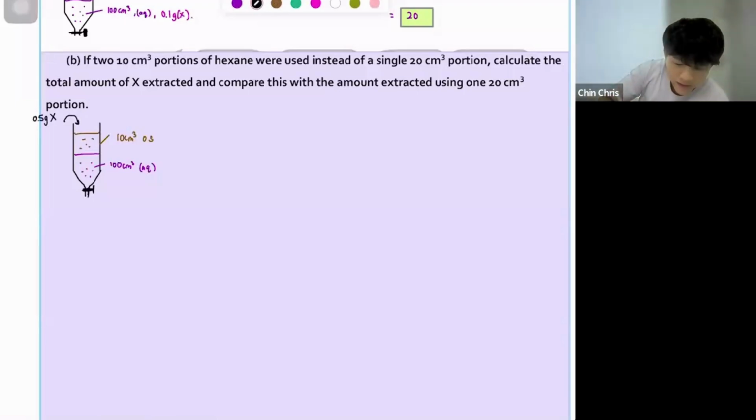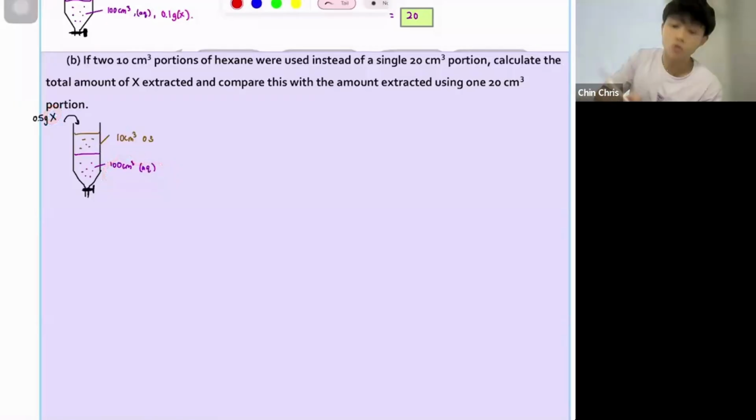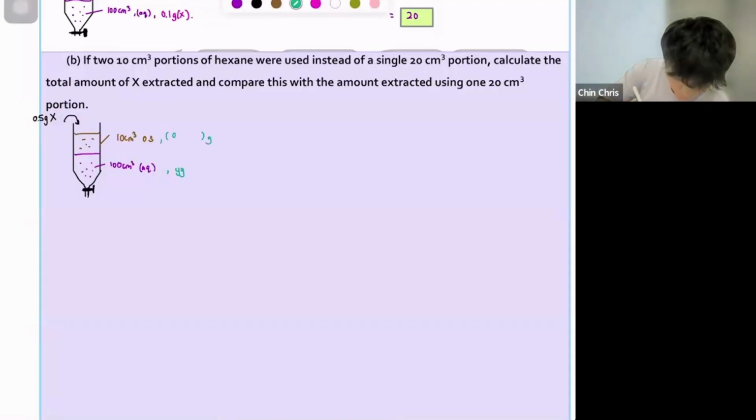All right, guys, can anyone tell me how much X is found in the 100? You basically have no clue. So I'm gonna put it as Y gram is found inside. So guys, what about here? How much is found inside? 0.5 minus Y. Understand?